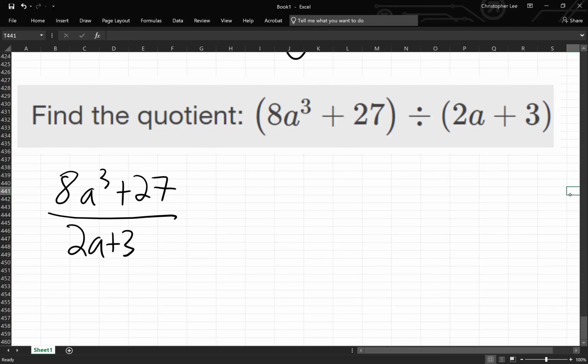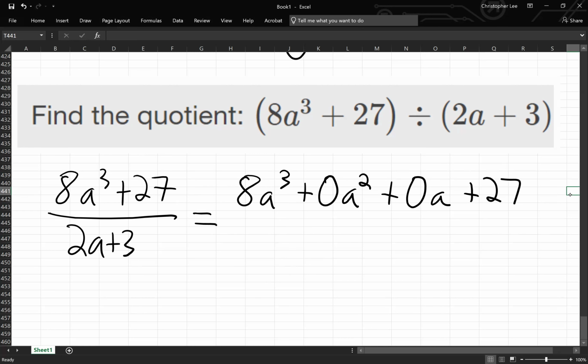I have to account for the variables that are missing in the middle. So I'm going to rewrite this as 8a cubed plus 0a squared plus 0a plus 27 over 2a plus 3.